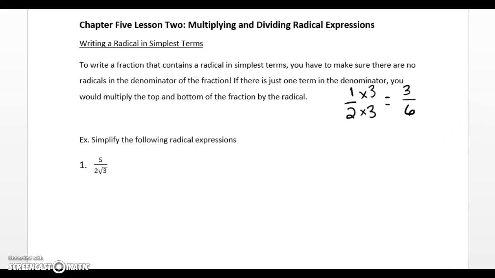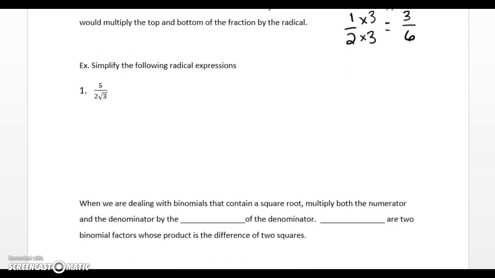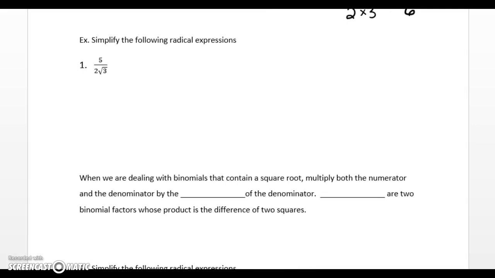So let's try out an example. This one here is the first example, before we talk about the conjugates. Here we're going to simplify the following radical expression. The first one that we have here is 5 divided by 2 square root of 3. This fraction is not in simplest terms because we have the square root of 3 on the bottom. The 2 is absolutely fine, but the square root of 3 cannot be there.